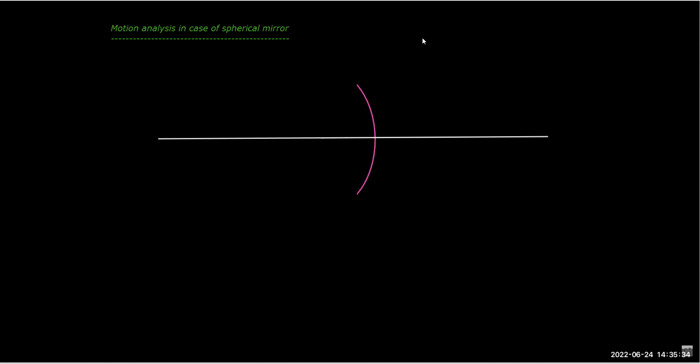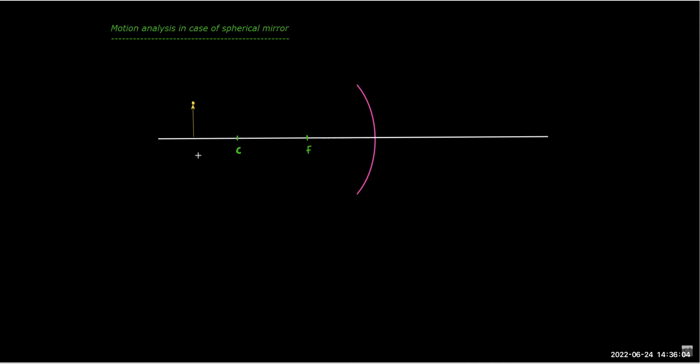If we have any object which is not on the principal axis, it is somewhere away. You can always draw an arrow to represent the same, and the tip of the arrow is representing the object.